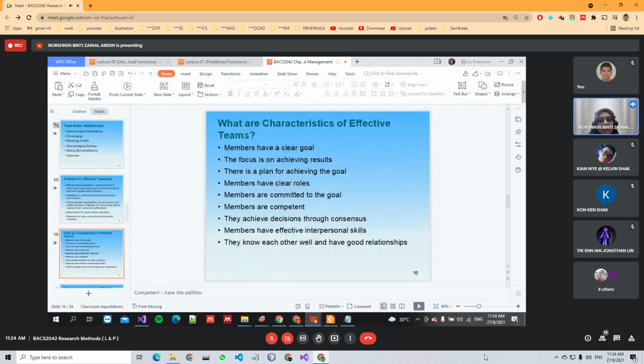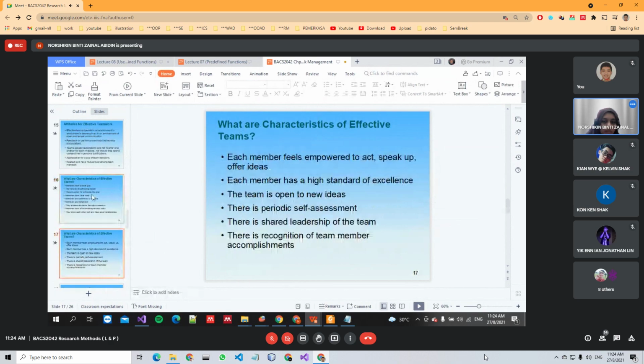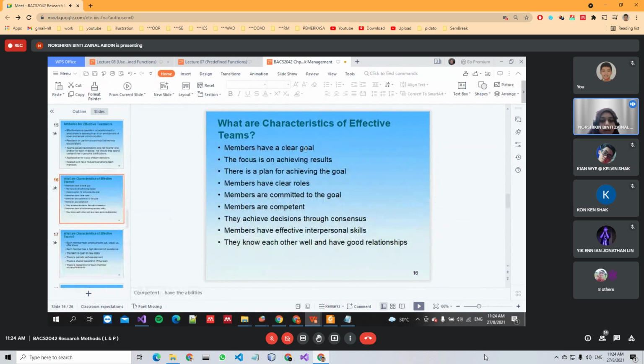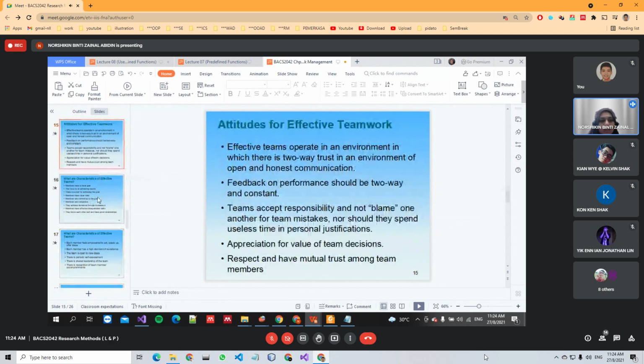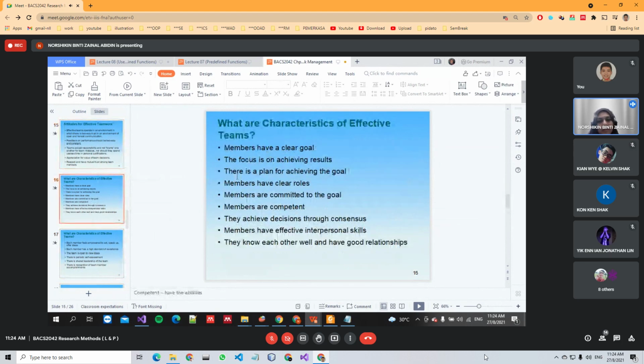So, what are the characteristics of an effective team? Members have a clear goal, focus on achieving results, and plan for achieving the goal.